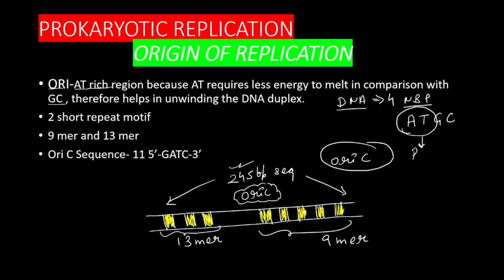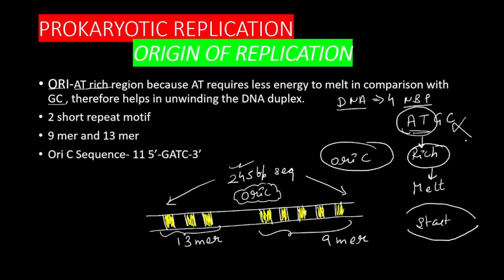Why is it AT rich? Because ATs can easily melt. And why do we need melting? We need melting because we want a bubble to be formed, so that we can start our replication very easily. Therefore this region is AT rich and not GC rich, because GC would require more energy to be broken down.